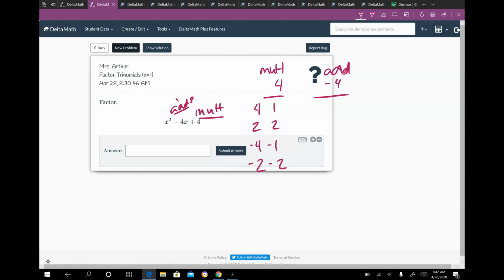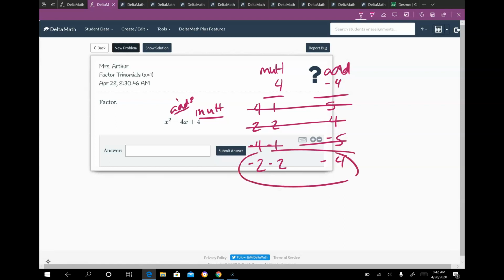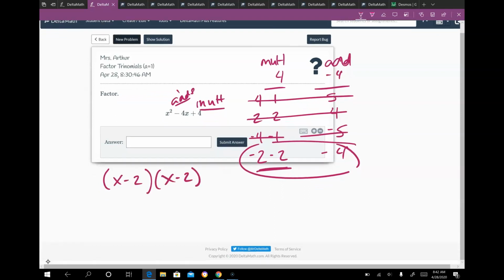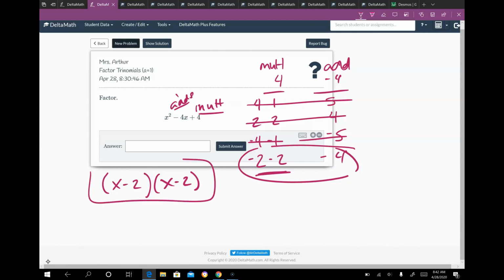So 4 plus 1 is 5. That's not it. 2 plus 2 is 4. Close. We need a negative 4. That's not it. Negative 4 plus negative 1 is negative 5. That's not it. Negative 2 plus negative 2 is negative 4. So guess what? These are my factors. So it's going to be x minus 2 times x minus 2. Okay? And that's your answer.